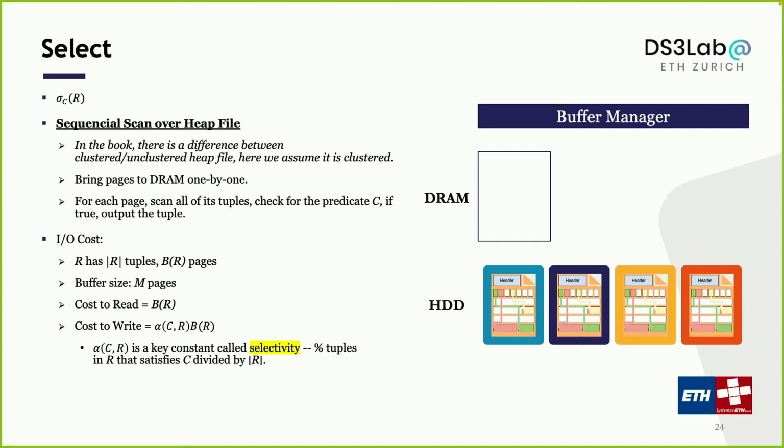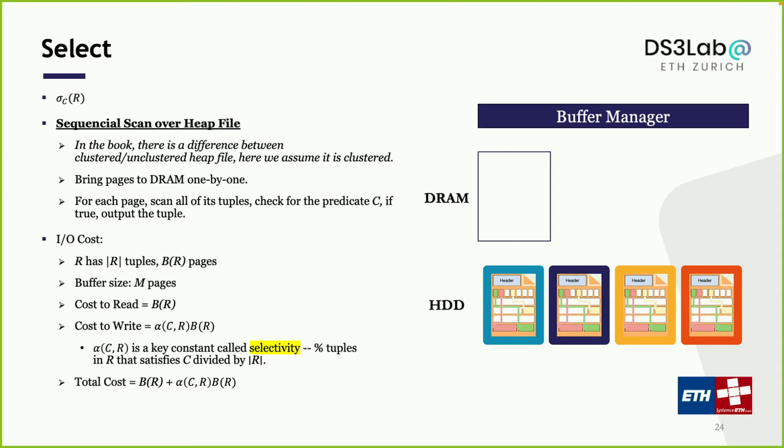This term has a really crucial impact on the performance, the speed, or the I/O cost of this operator. The larger this value is, the more tuples you are going to return, and the more expensive it is to write your result back to your hard drive. But anyway, on Friday, we are going to talk about how to estimate this selectivity.